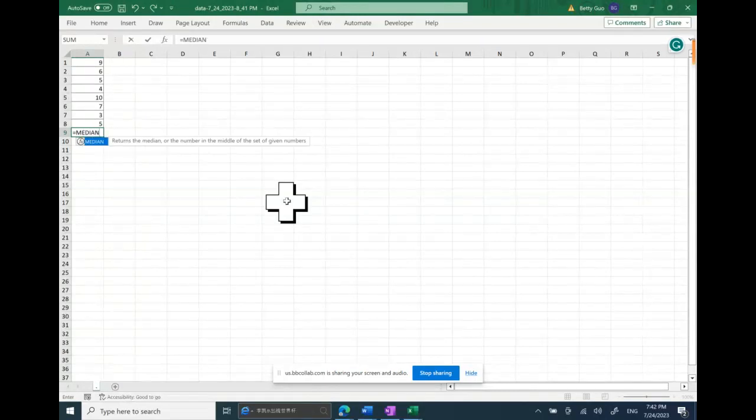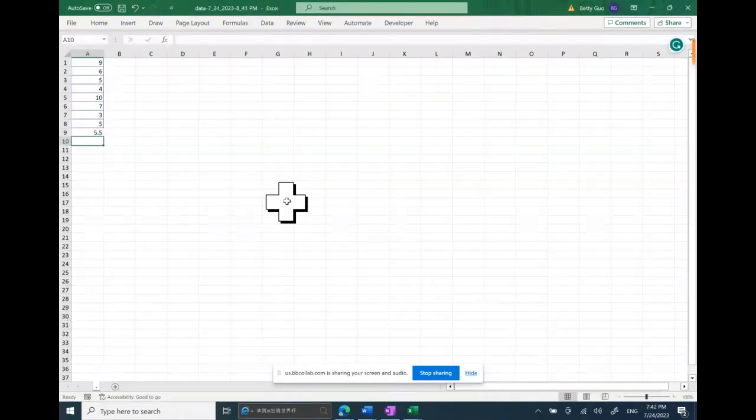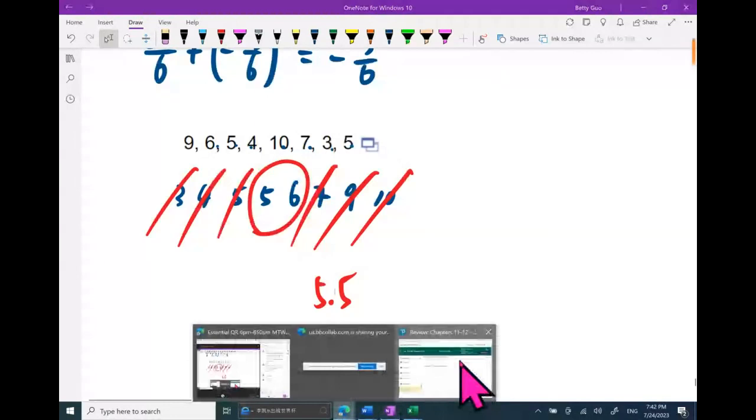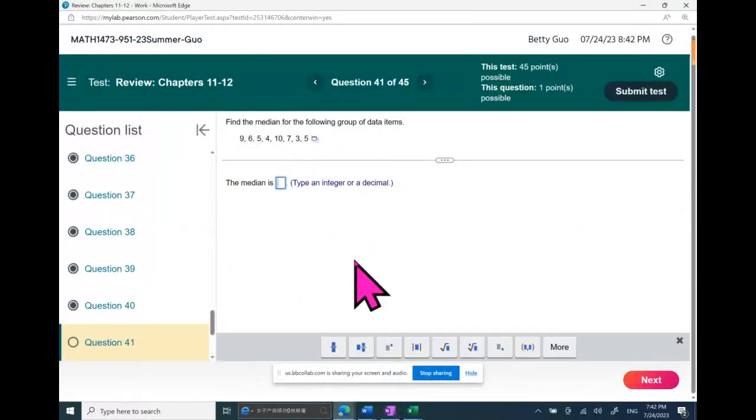And then start from A1 to A8. 5.5. Same thing, right? Yeah, but I prefer you use this method, then you know the concept of median. Yeah, what is median? It's just the number right in the middle. If we have 2 numbers in the middle, then just take the average of the 2 numbers. 5.5.